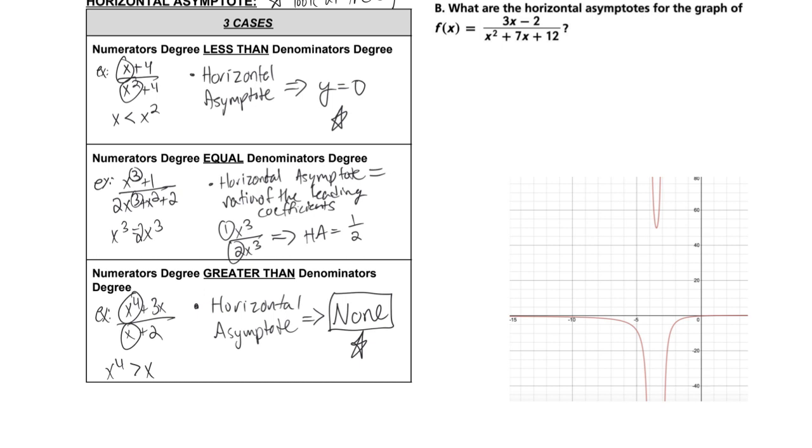All right, so let's actually look at this example. Here are the leading terms. So 3x we know is less than the degree of x squared. So because of that, our numerator degree is less than the denominator degree.